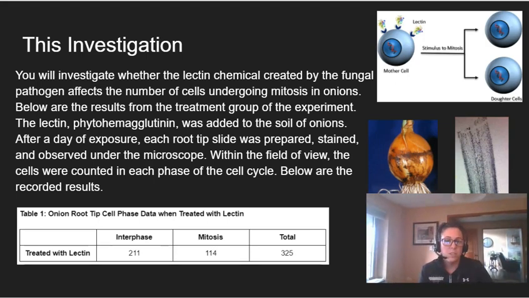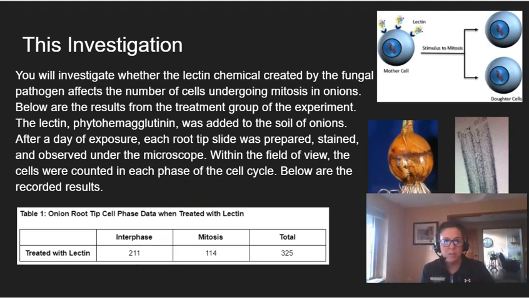We're going to look to see whether the lectin chemical that's created by that fungus will affect the number of cells undergoing mitosis in onions. In Table 1 is the actual data of onion tip cells, and we're looking at how many of those cells are in mitosis and how many are in interphase. That occurred after lectin was added to the soil of those onions.